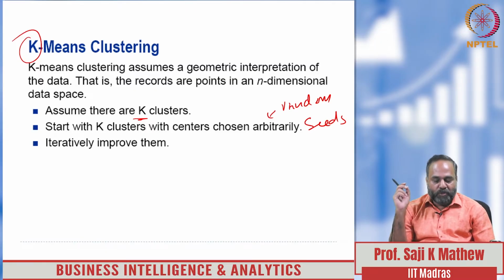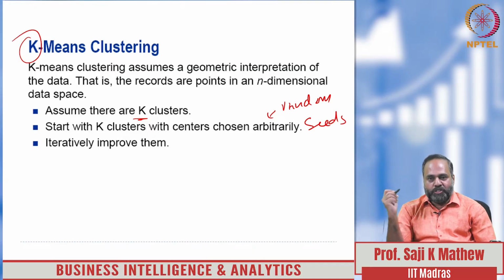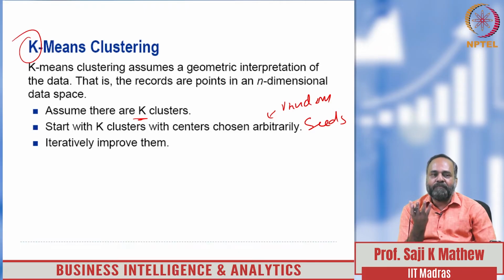You start with those random points and then you follow a method to assign each object to those seeds and iteratively improve the assignment, so that clusters become low in errors, or within cluster distances are minimized. So, you follow an iterative process for that.